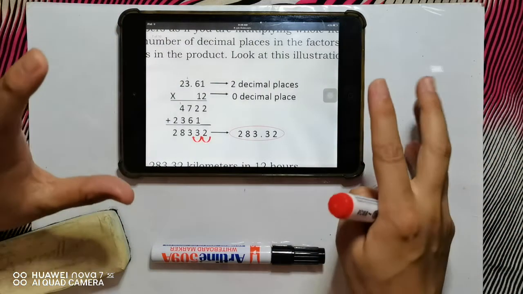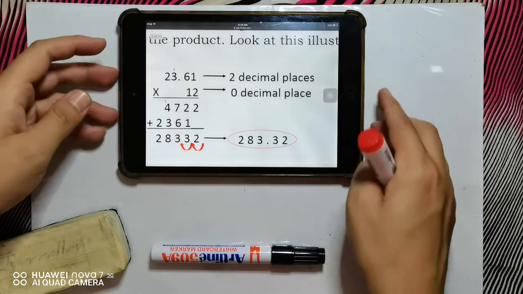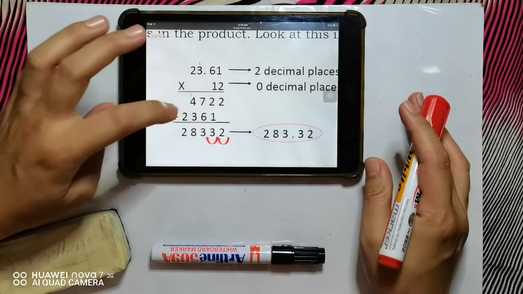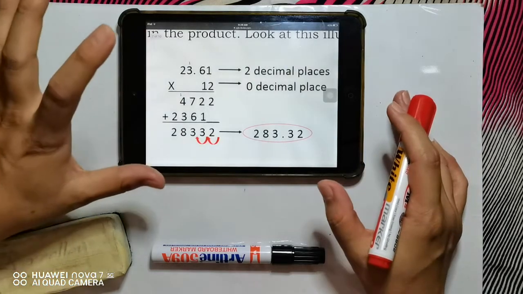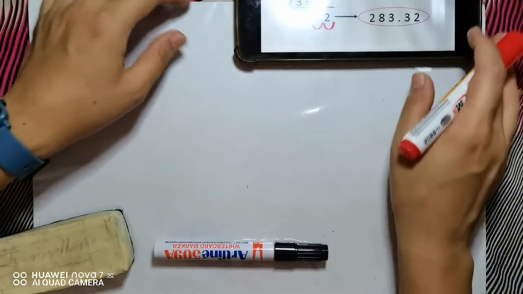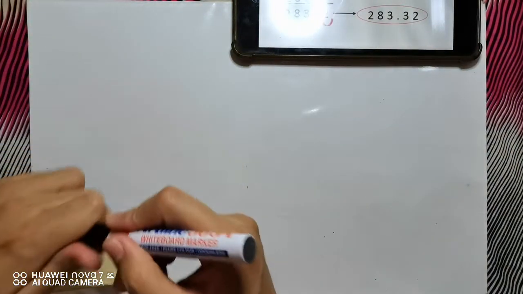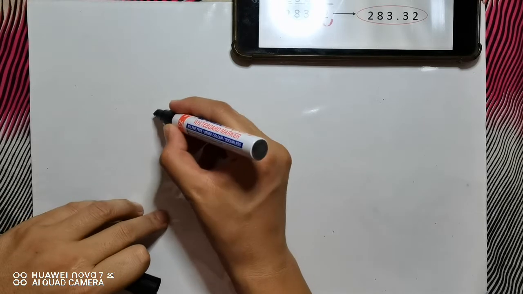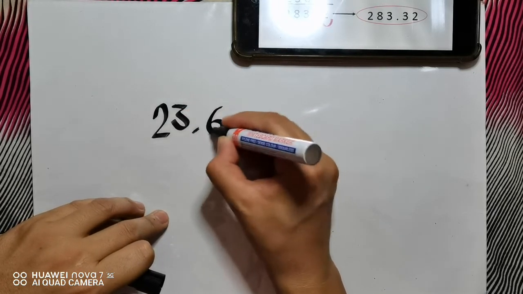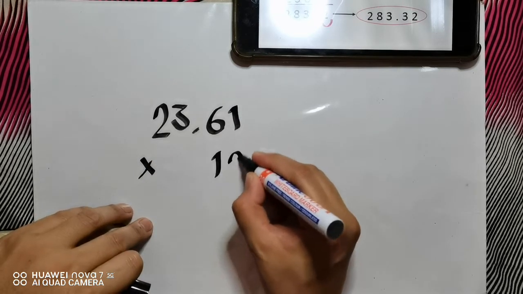So we'll do that also para mas makuha ninyo. We'll do that step by step para hindi tayo malito. Okay? So this is now the answer. Let's try if we can find the same answer. So let's set this aside first. So the given numbers are 23 and 61 hundredths times 12.